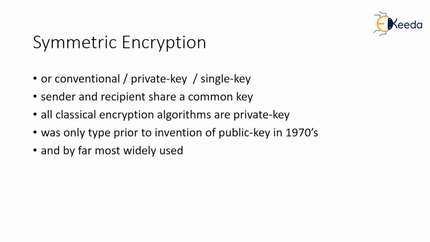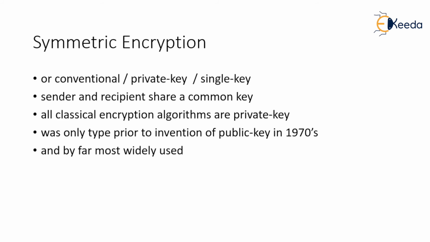Sender and recipient share a common key, and that common key is only used at both the ends for the encryption and the decryption purpose. That means all classical encryption algorithms will be using that same shared common key, and that is the private key.